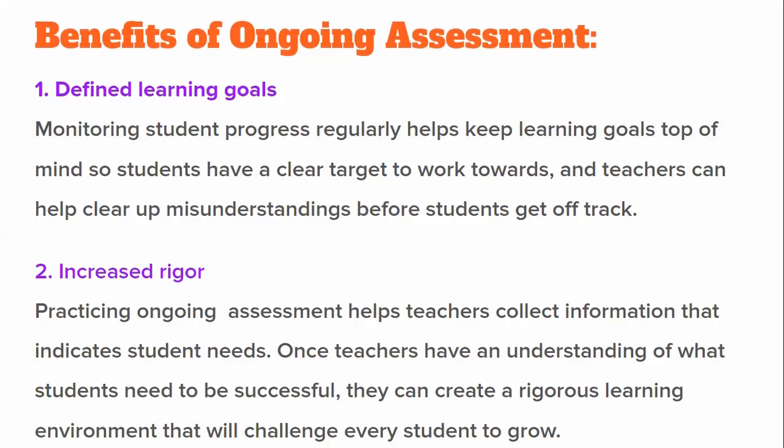Second is increased rigor. Practicing ongoing assessment helps teachers collect information that indicates students' needs. Once teachers have an understanding of what students need to be successful, they can create a rigorous learning environment that will challenge every student to grow.